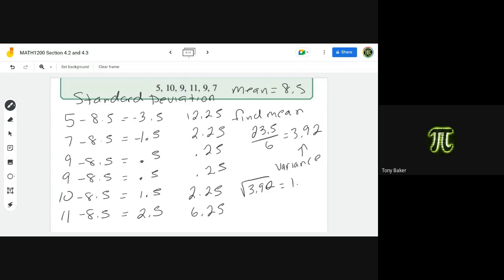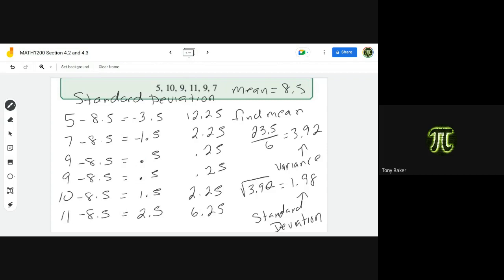And you get 1.98. And that's your standard deviation. So what standard deviation does is a whole bunch of steps to tell you how spread your data is. In this case, my standard deviation is 1.98.